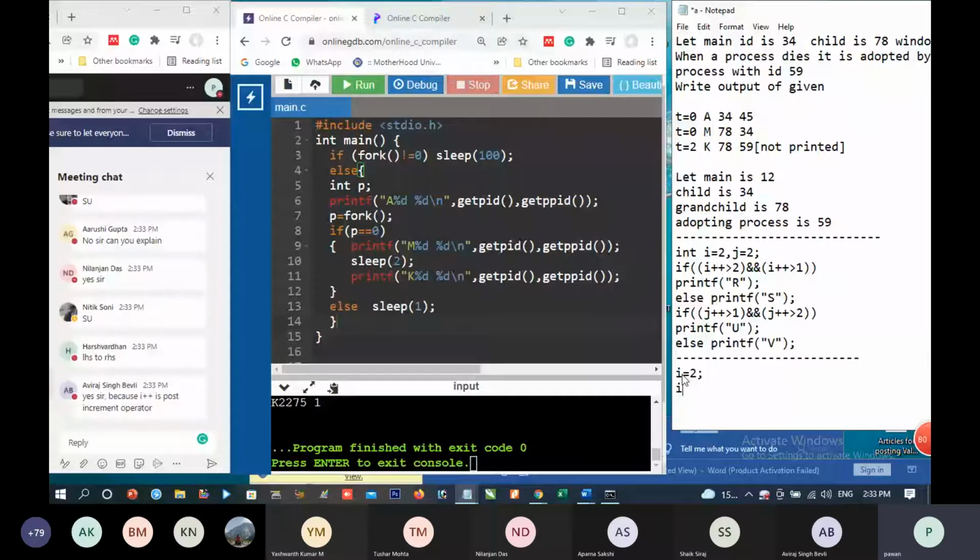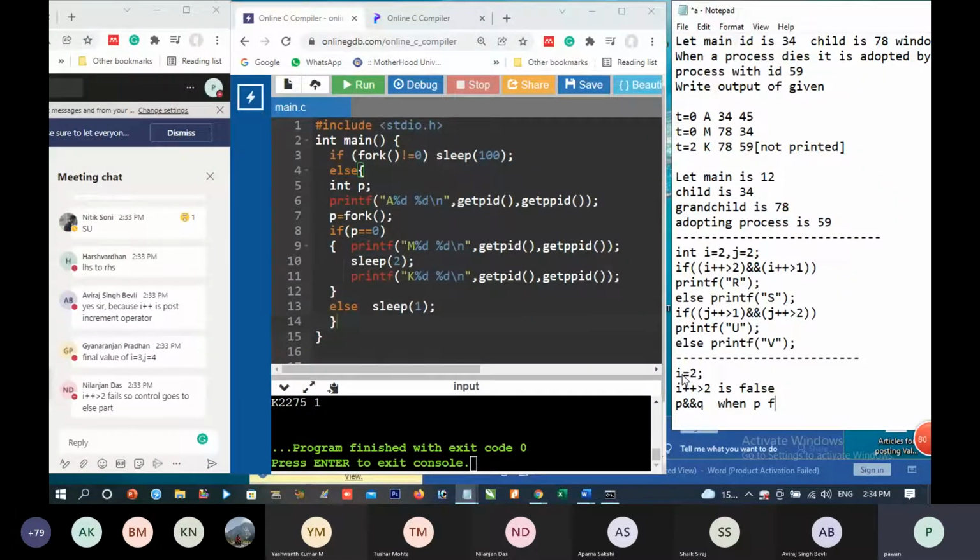I plus plus greater than 2 is false. Hence, the whole condition becomes false. P and Q: when P is false, Q is not evaluated. Do you understand?